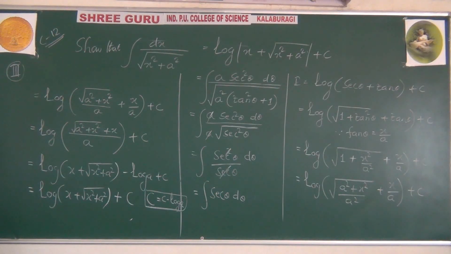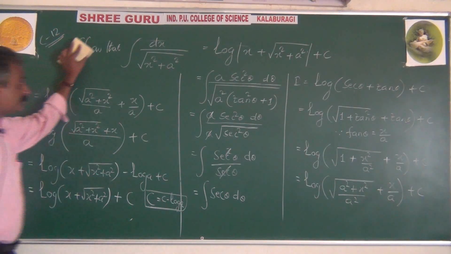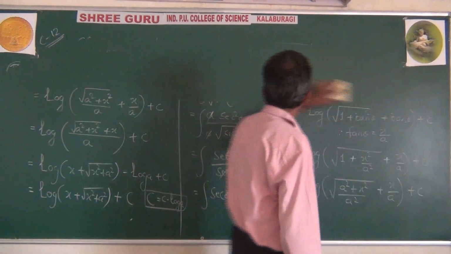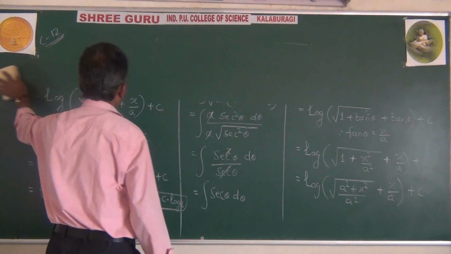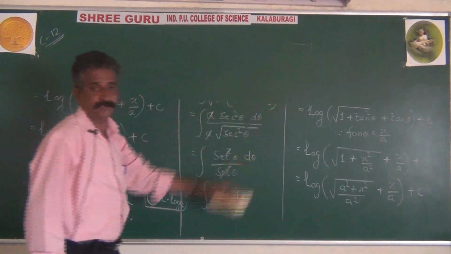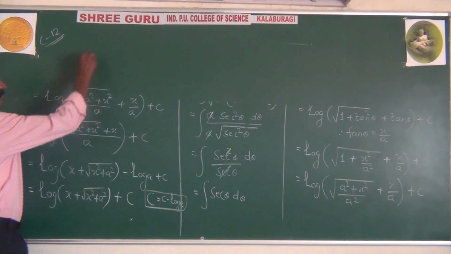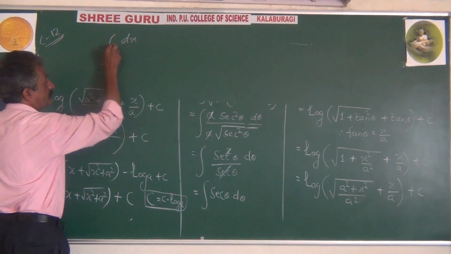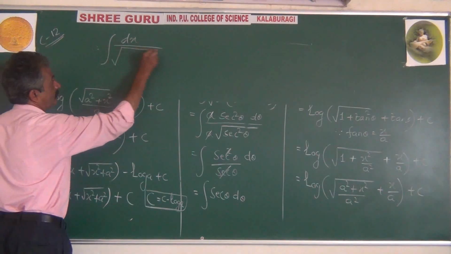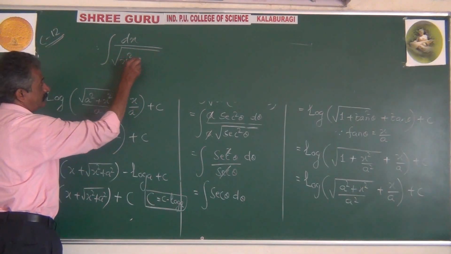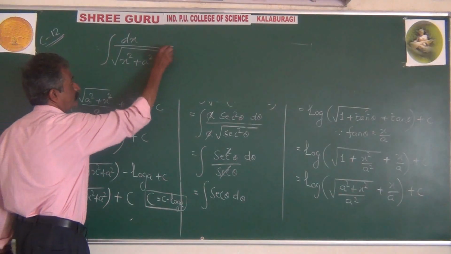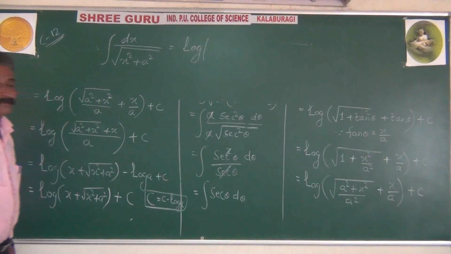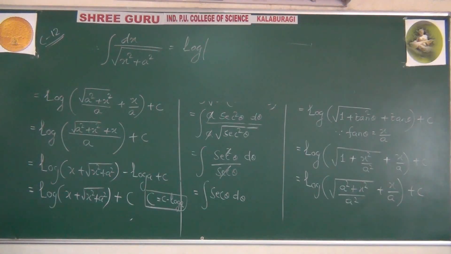This is the third and important result. Lastly, yet again in a standard formula manner. What we are writing is that integration dx divided by square root of x square plus a square equals log, modulus you have to maintain because logarithm of negative numbers is never defined.